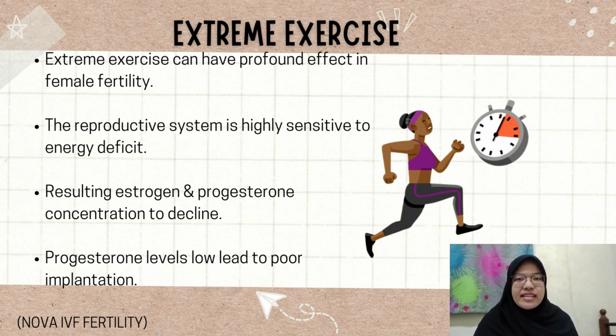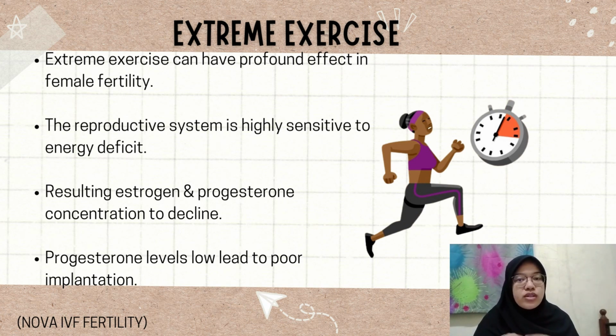As we know, exercise is good in maintaining a healthy weight and improving cardiovascular health, but vigorous or extreme exercise can have profound effects on female fertility. The reproductive system is highly sensitive to energy deficit. Body weight and body fat composition have bearing on female fertility.